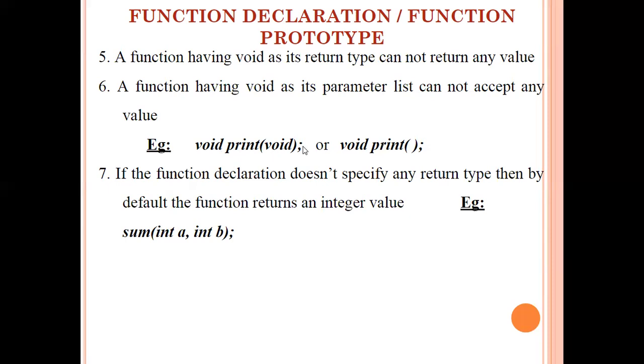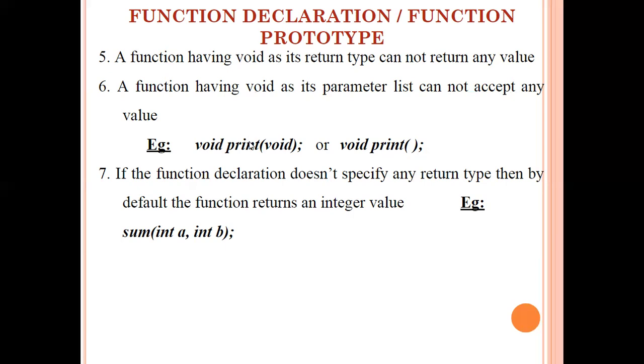In these two function declaration statements, we have used void as the return data type, and the function name is print in both. But here inside the parenthesis, we have given void, which is one of the data types, and this void indicates that the function print is not going to accept any value.